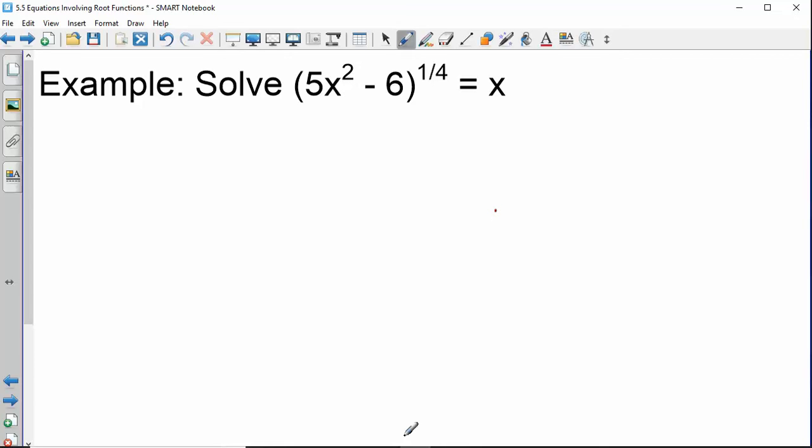Can we what? We can't distribute it. Okay, a 1/4 power is the same as a 4th root.